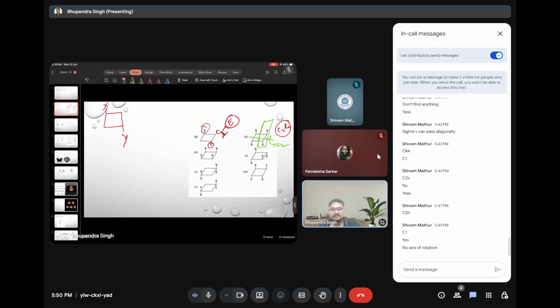There are three axes, three Cartesian coordinates, right? X, Y, and Z. So you have to look in all the three directions. Then try to find the axis of rotation.